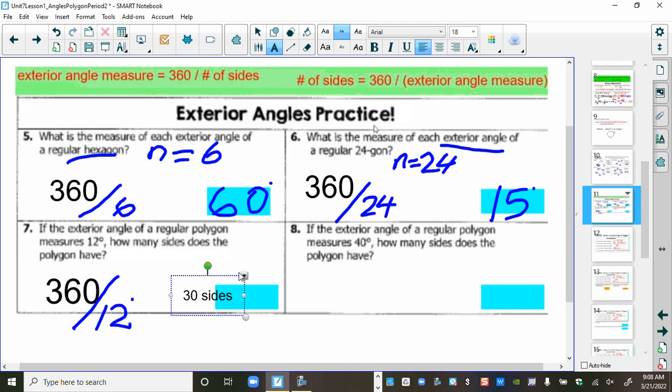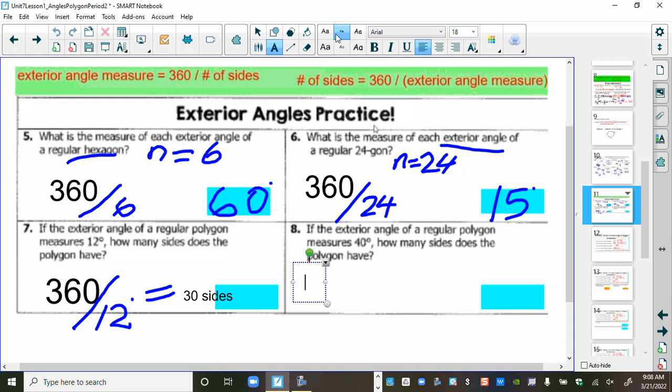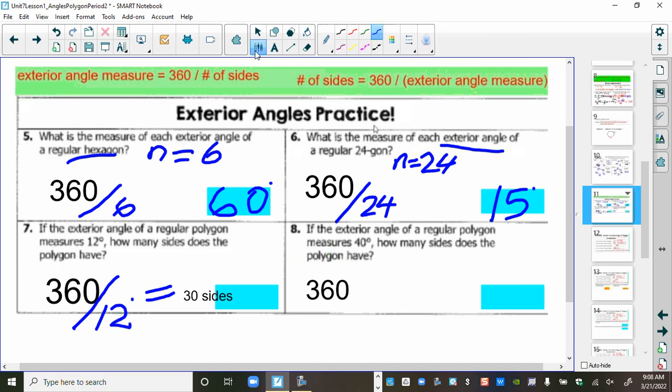So unlike before, these two were the number of sides. Here, they gave us the exterior angle measure. And we get the number of sides. The last one's going to be the same thing. 360 divided by what number?